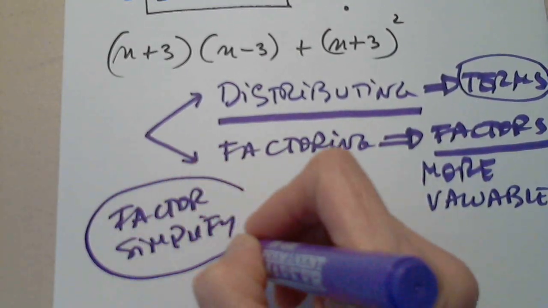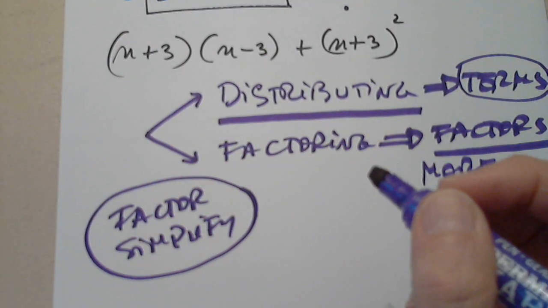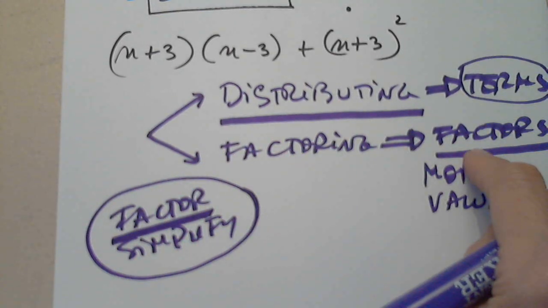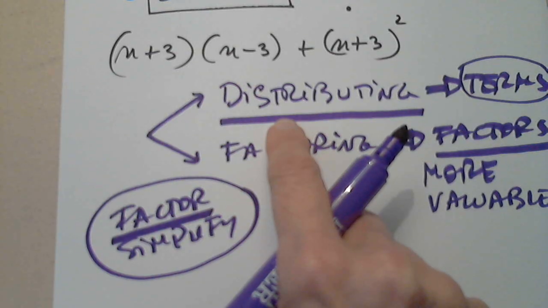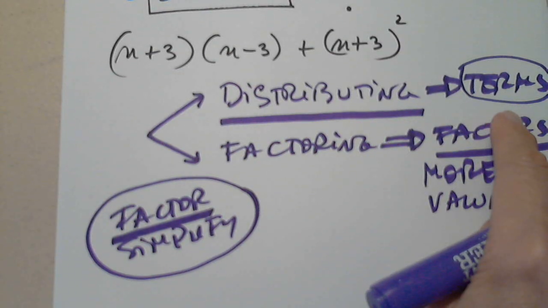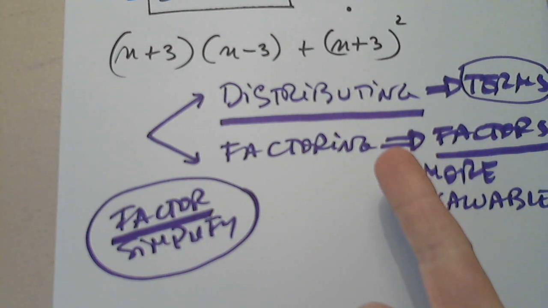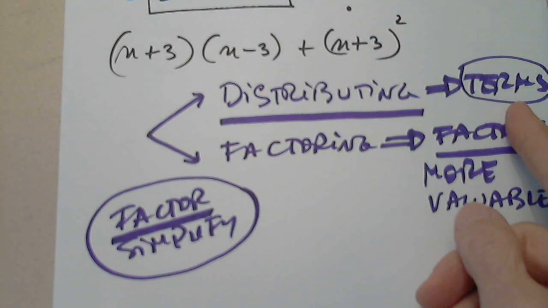These are two key words in math forever and ever. So that's why this is so important. Distributing is very important, but terms are not that good. Factors are. I can simplify, I can solve equations, and on and on, which terms do not allow.